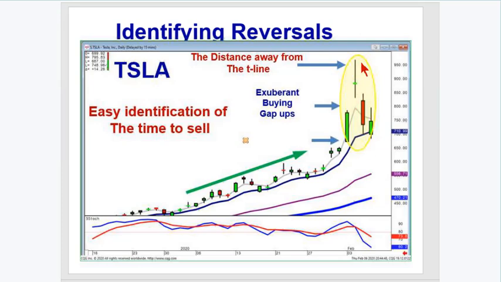Because on the daily chart, you can already analyze you're way too far away from the T-line. Human nature is probably going to start taking profits. We can use a visual analysis of the T-line on the 10-minute chart to become a much faster area to start taking profits. That's when the price moves too far away from the T-line.